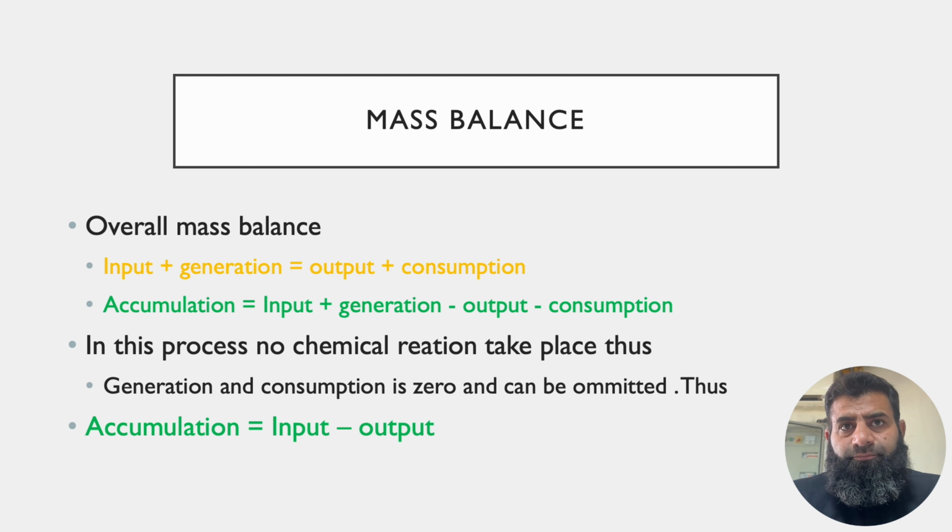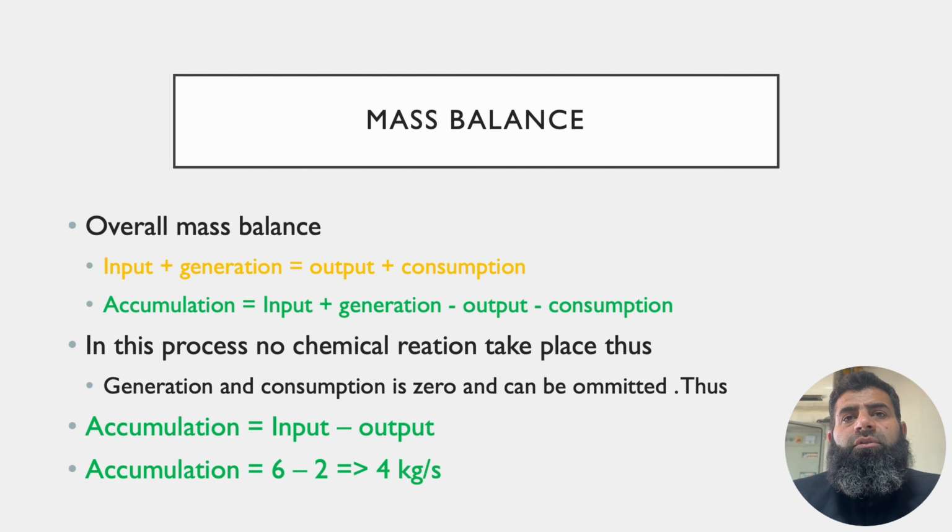From our data, input is 6 kilogram per second and output is 2 kilogram per second. So 6 minus 2 is equal to 4 kilogram per second. Finally, the accumulation is 4 kilogram per second, which indicates that water is accumulating inside the tank at the rate of 4 kilogram per second.